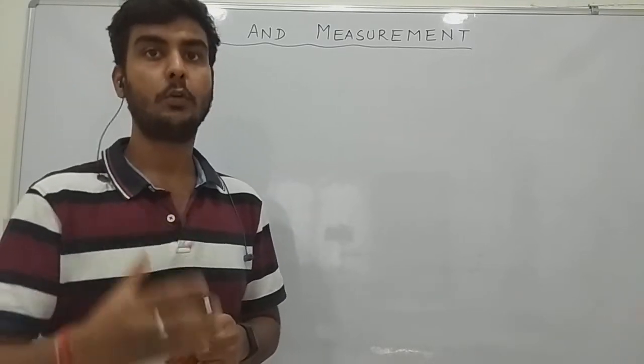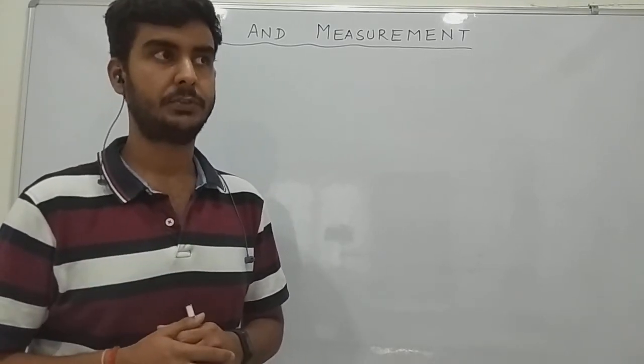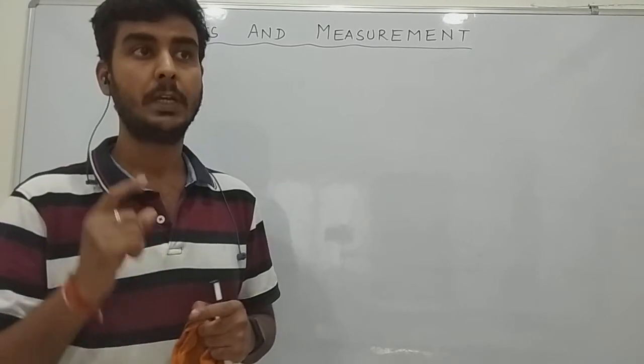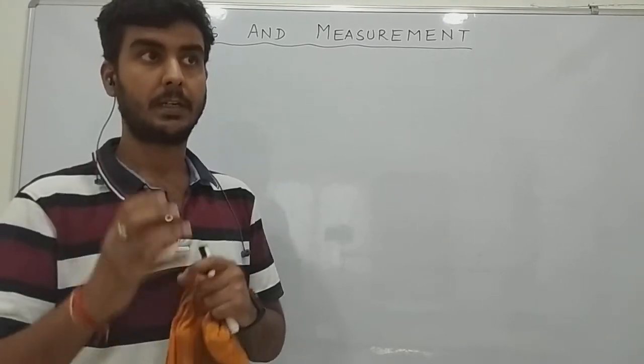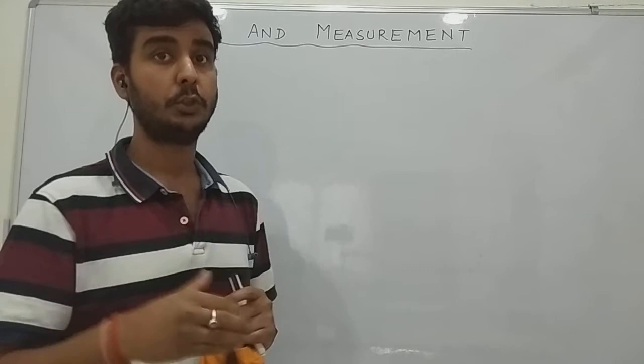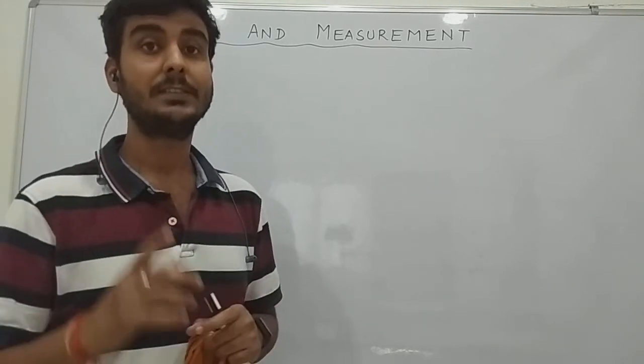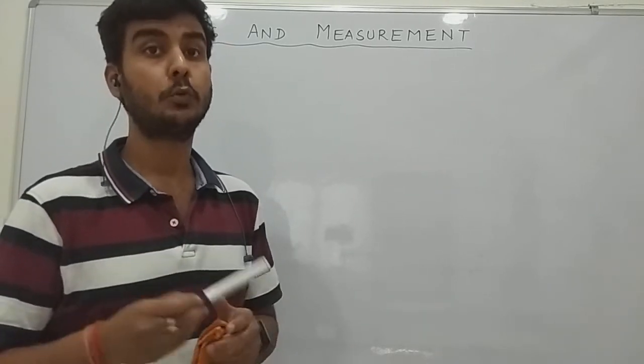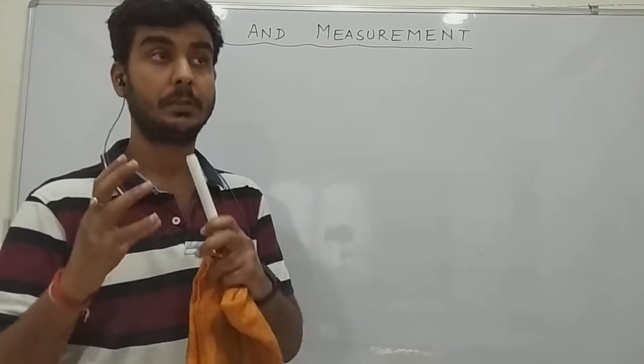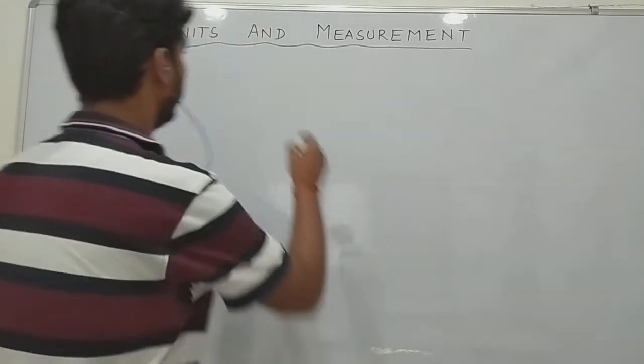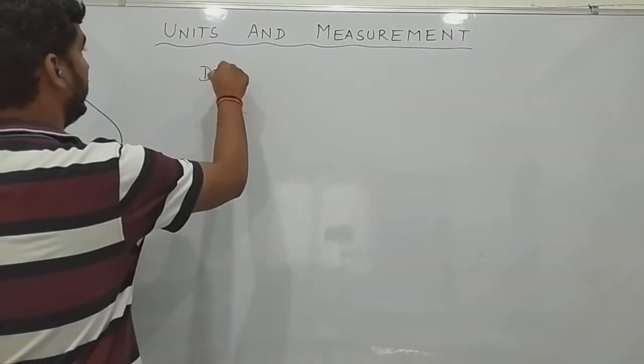So before going on to applications of dimensional analysis, I would like to discuss a very important term which you will be coming across, that is dimensional equation. You should know the meaning of dimensional equation. So what is a dimensional equation?